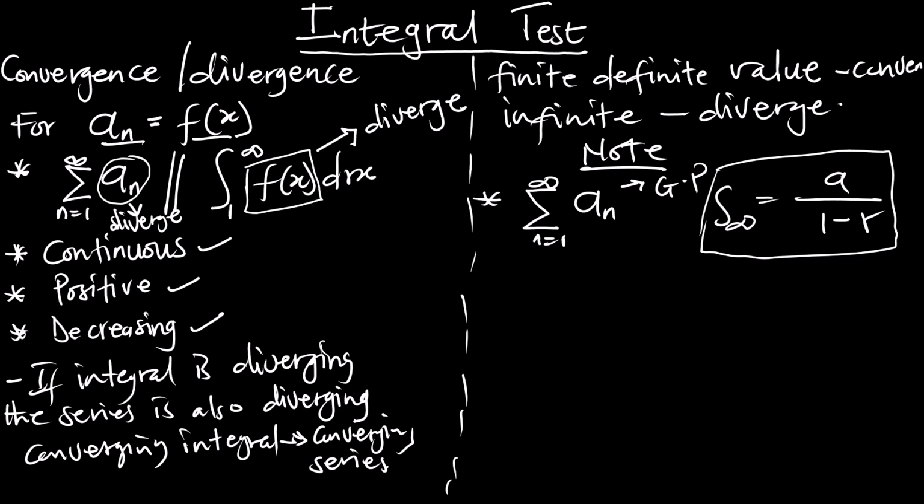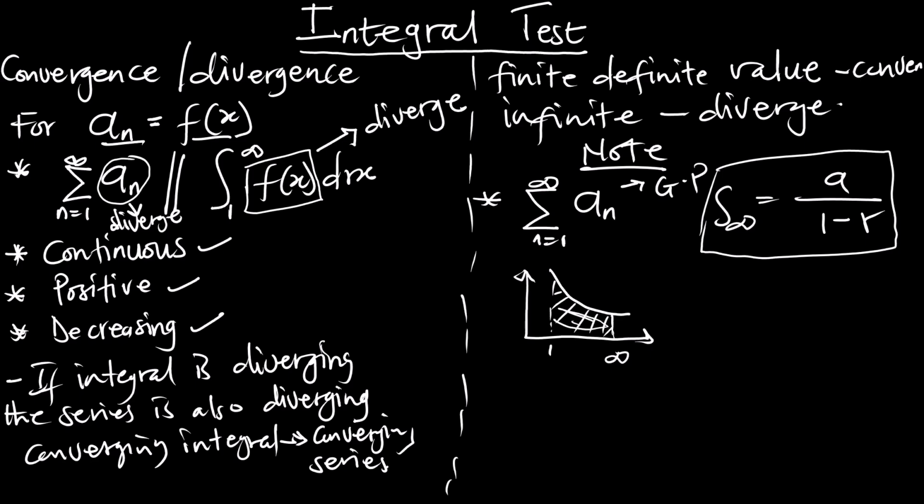But we also have an idea that integration, when we plot a graph, gives the area under the graph from a point 1, let's say, to infinity. So integration means we add the small areas below the graph to get the entire area below it.